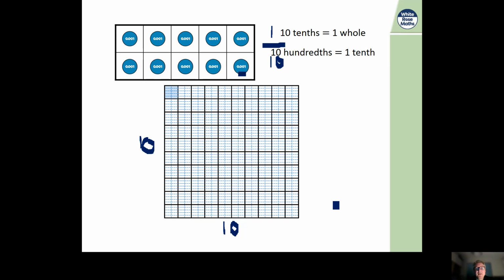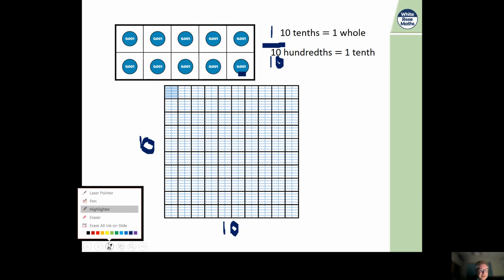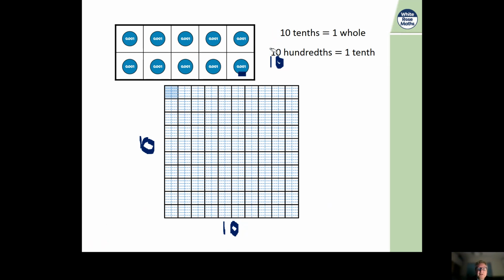Okay, so now we're further dividing this down. Just going to get rid of this for us. It's kind of in the way, and this and this. Okay, so now we've got something that represents, well, let's have a look.